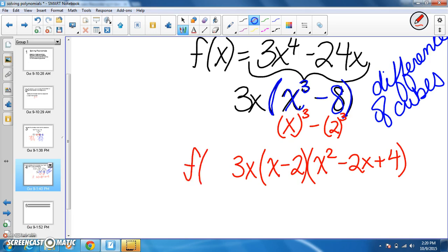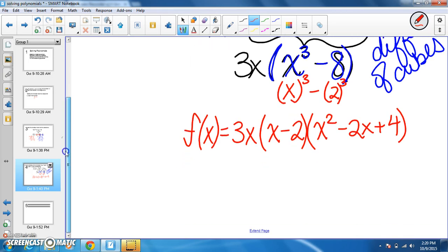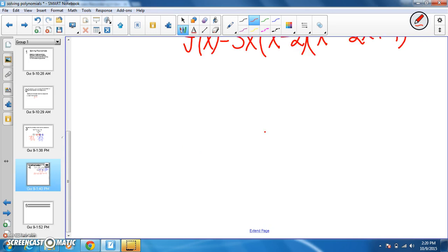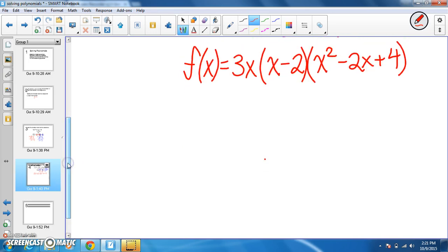Since my polynomial function is now fully factored, I'm going to take each factor and find the zeros that are associated with that factor. I'm going to extend the page. I have 3x as one of my factors, x minus 2 as one of my factors, and x squared plus 2x plus 4.